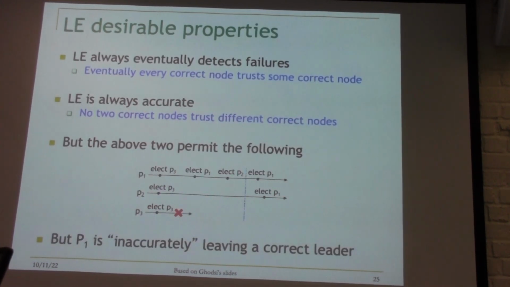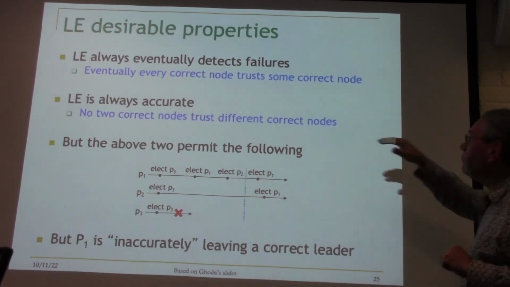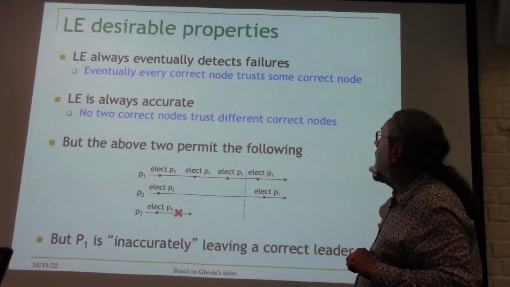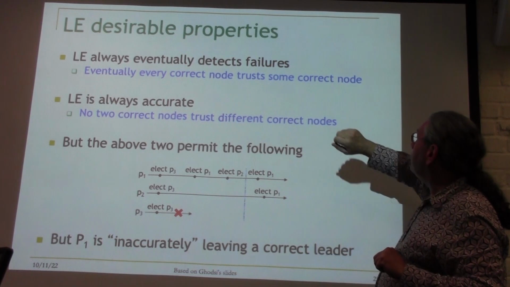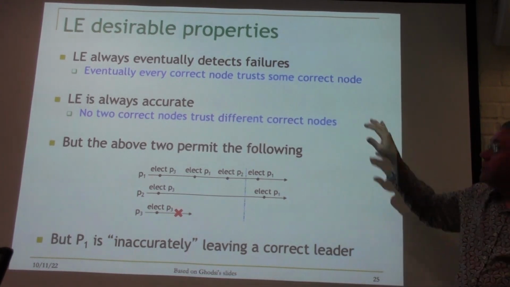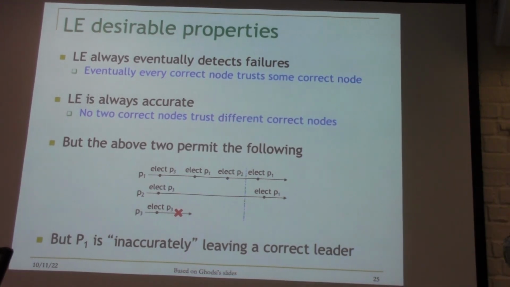So what I'm trying to do here is come up with a nice specification for this, okay? So, for example, here we have two properties. Eventually, every correct node trusts some correct node. So eventually, I will pick a leader, okay?